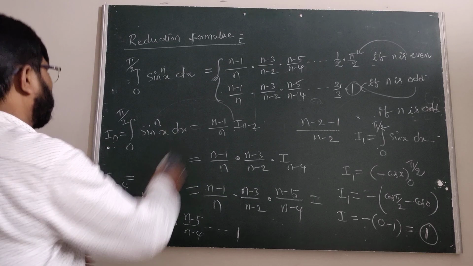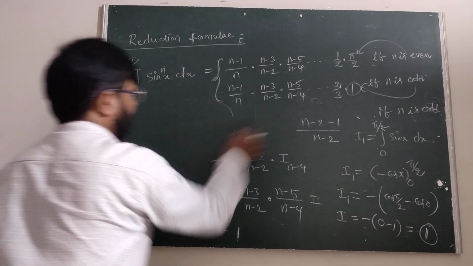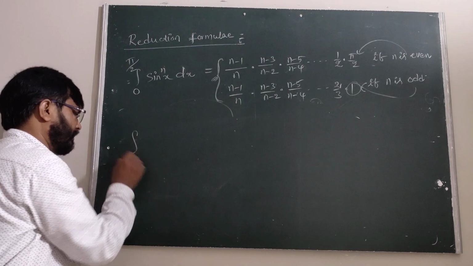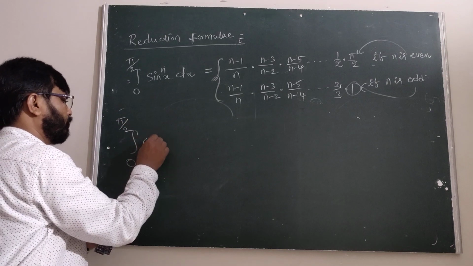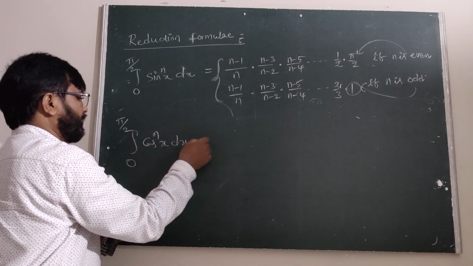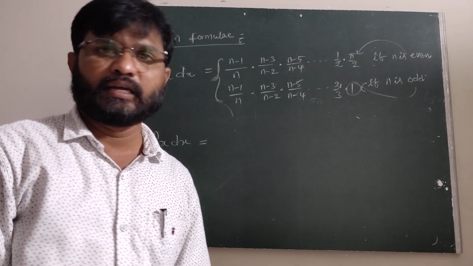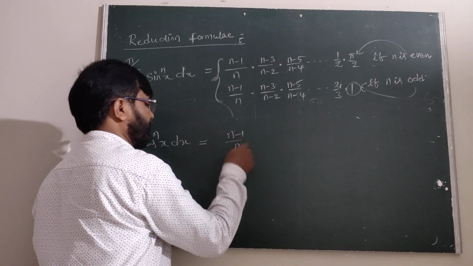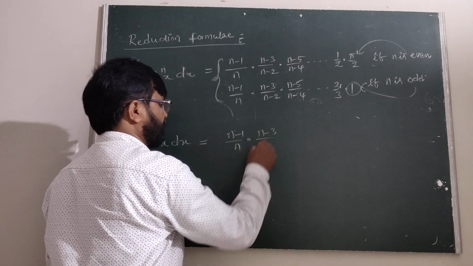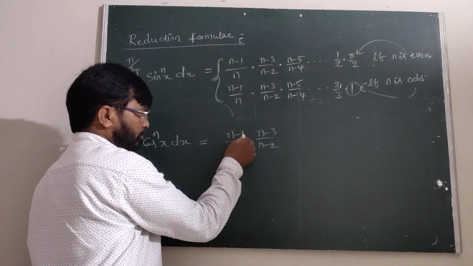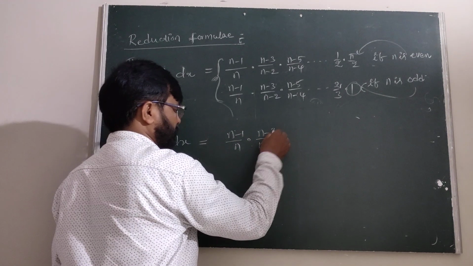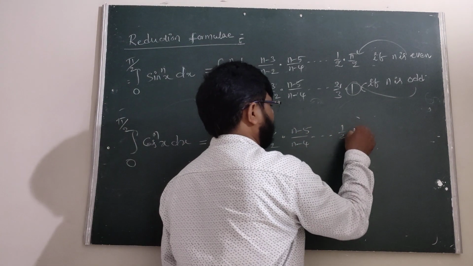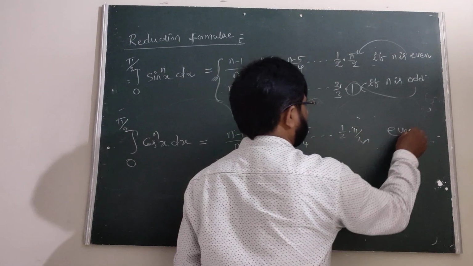Similarly, we can write the integral from 0 to pi by 2 of cos power n x dx. It is the same: (n minus 1)/n times (n minus 3)/(n minus 2), times (n minus 5)/(n minus 4), and so on, 1 by 2 into pi by 2 if n is even.